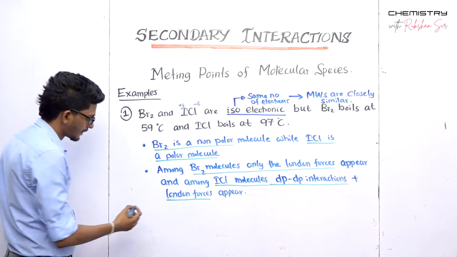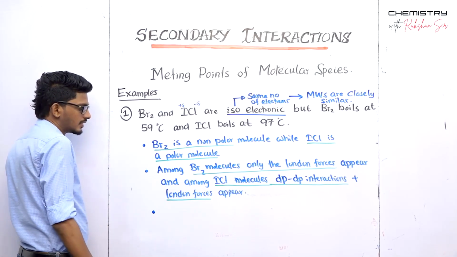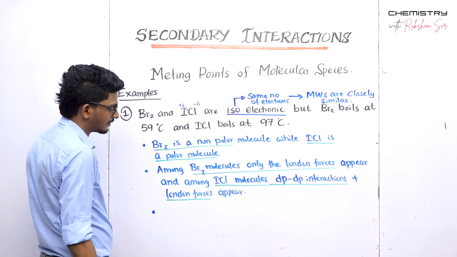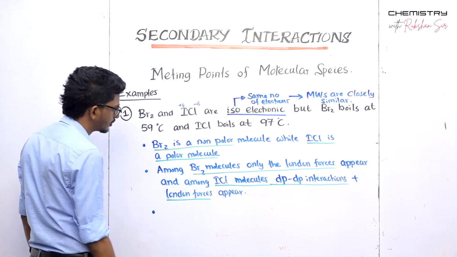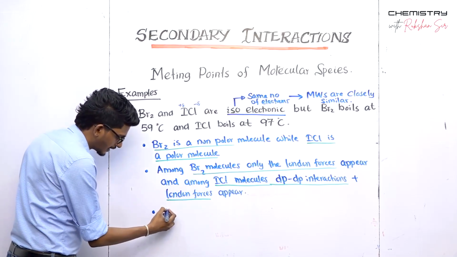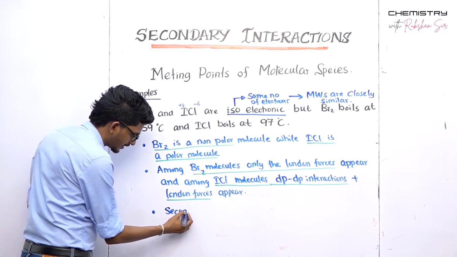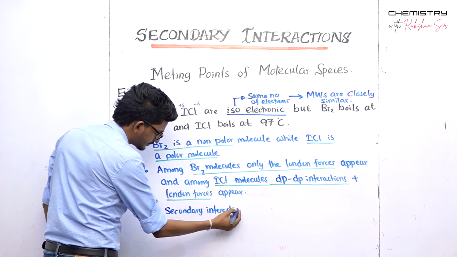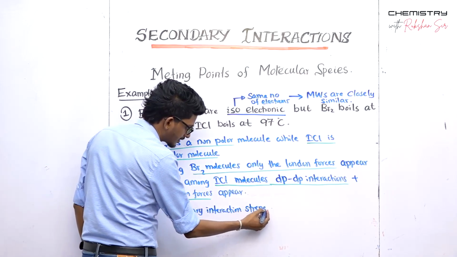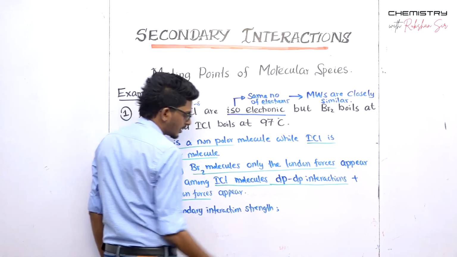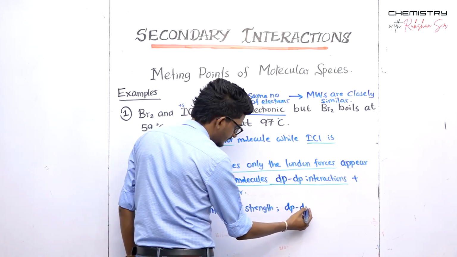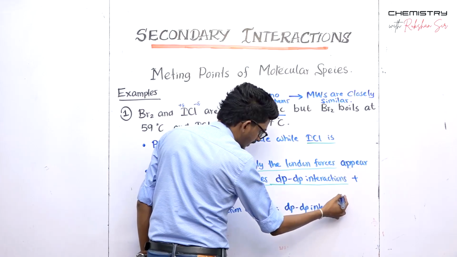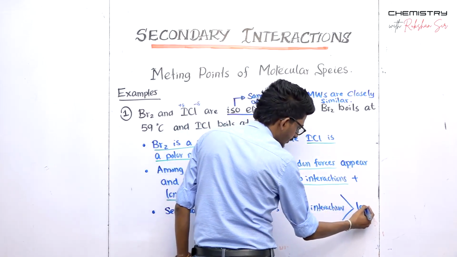Then we can say the dipole-dipole interactions are stronger than London forces. As we know, the dipole-dipole interactions are stronger than London forces, we have learned. So we can say the secondary interaction strength of dipole-dipole interactions is greater than London forces.